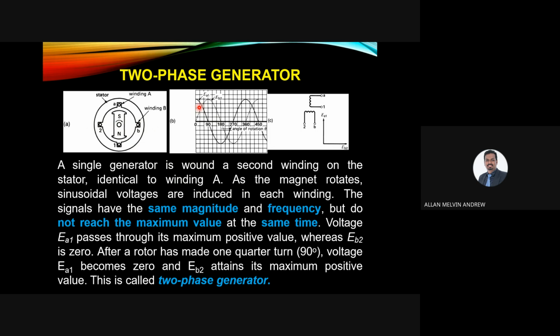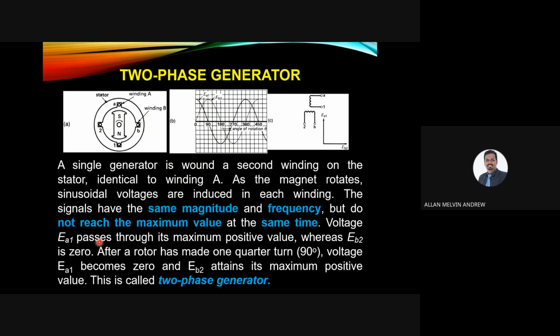So it will produce two signals of the same magnitude, same value and frequency, but not reaching the maximum at the same time. You can see here is maximum, and when it comes here, the second one is maximum. So when it goes continuously, it will produce a very stable power.